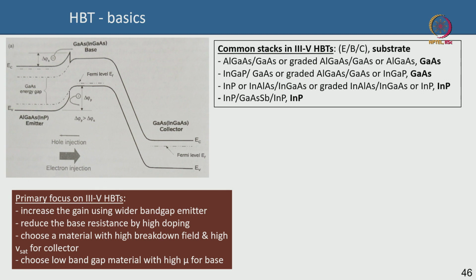Okay. So, what are the typical stacks that are used in compound semiconductor HBT? You cannot arbitrarily use things, but the common stacks, and I am going by emitter, base, collector, are: you can have AlGaAs emitter, GaAs or graded AlGaAs base, the band gap has to be narrower of course, and then GaAs as the collector, and this is your substrate.